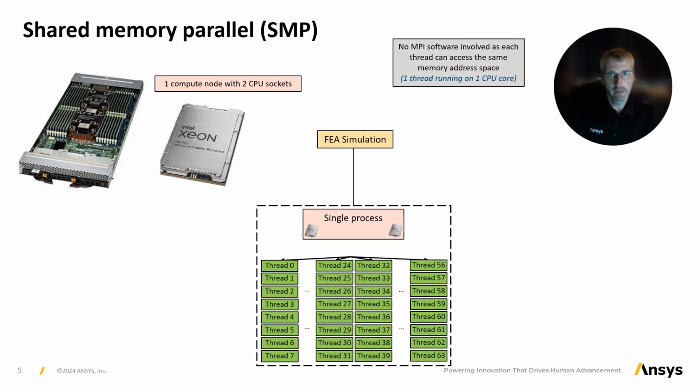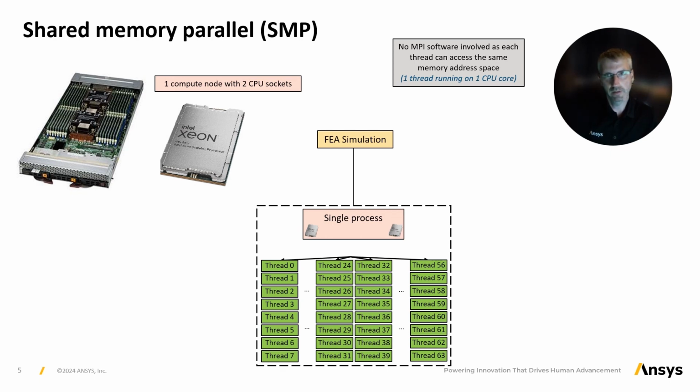All right, so for this slide, I set up an image or diagram to help better explain how shared memory parallelism works within the Ansys Mechanical APDL software. So we've got this image of a workstation, or it could be a single node of a cluster. And here we're considering that this workstation or compute node has 2 sockets, and each socket would have 32 CPU cores.